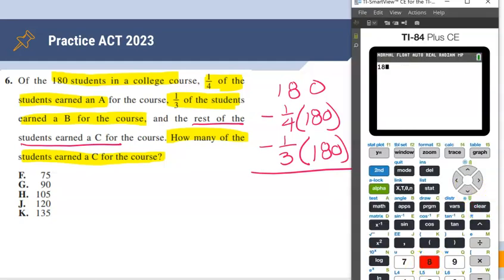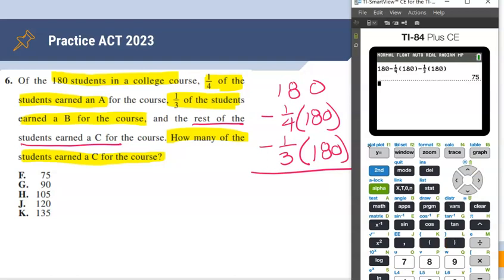We're going to do 180 minus, now again, the fraction button is alpha y equals, choose the first one, so 1/4 times 180, and then subtract 1/3, so again alpha y equals 1/3 times 180.